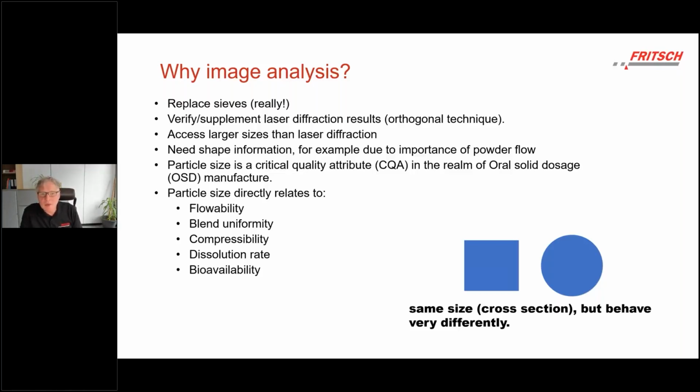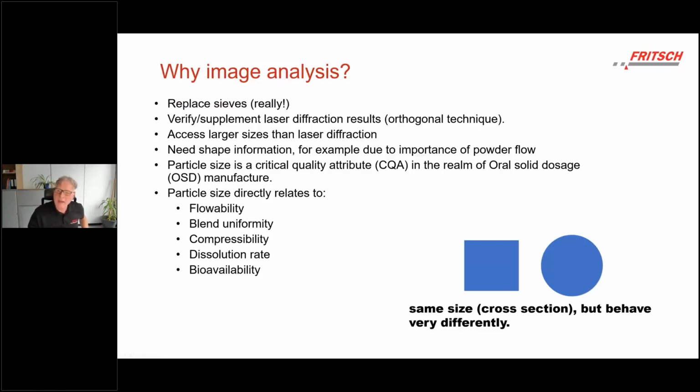An example listed here on this page is the OSD, the oral solid dosage manufacturer. The size distribution for those particles, of course, is very critical for flowability and for blend uniformity and compressibility and so on and so on. So this is a very common usage of this technique, shown here in the lower right corner.